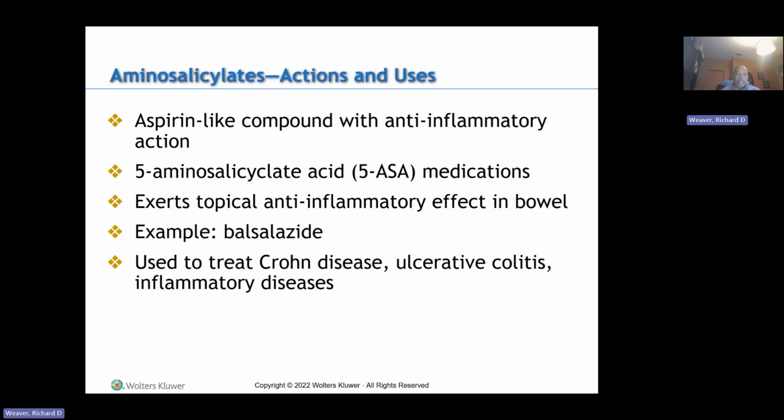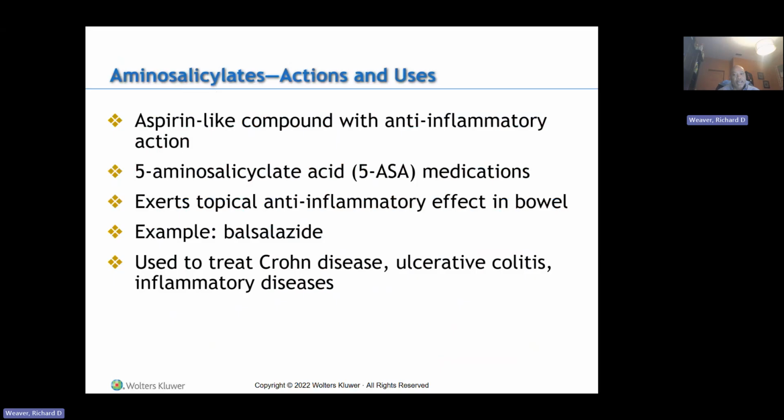Aminosalicylates are used to manage Crohn's disease as well as ulcerative colitis and some of the other ones as well. So that essentially answers that particular objective, if you will.